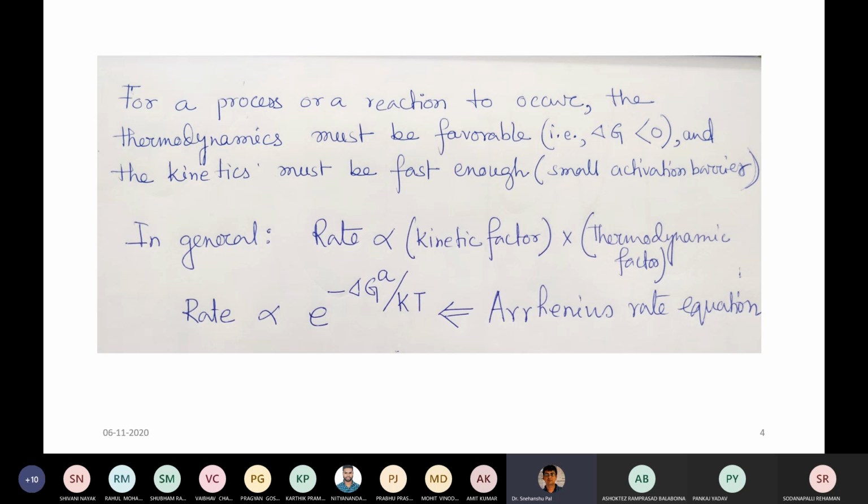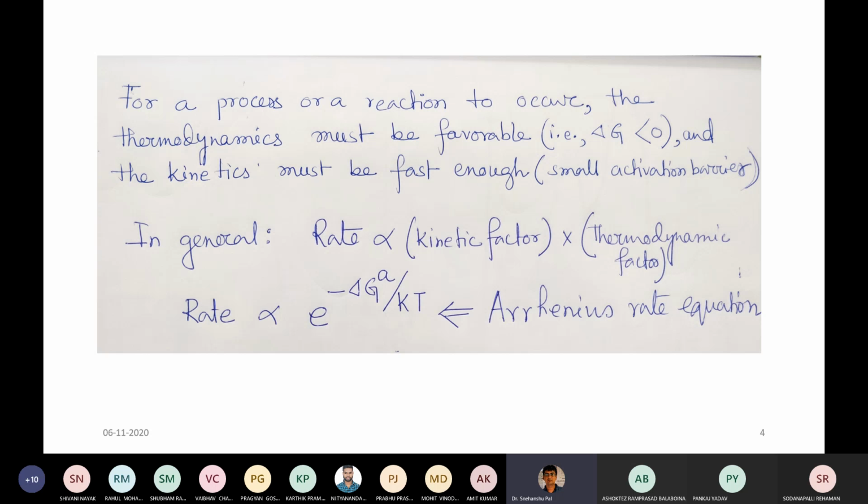Otherwise, it will take a long time. One cannot even foresee when the product will be seen. So that's why kinetics must also be fast enough, and what does that mean? The activation barrier will be small.